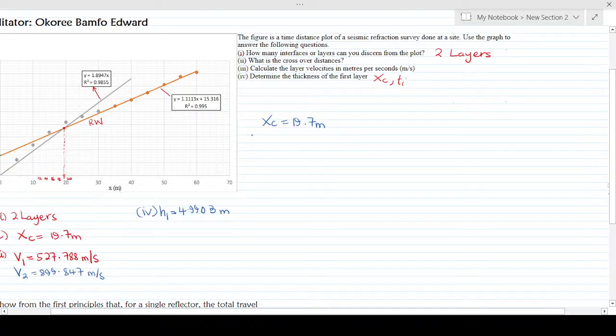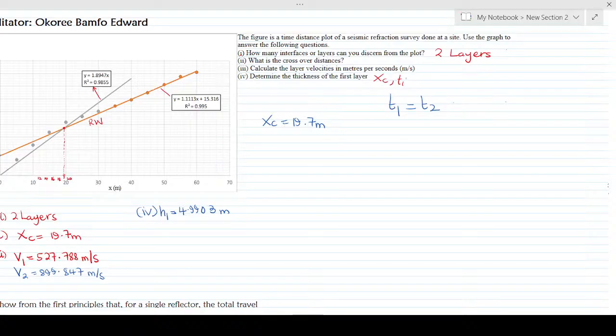As I indicated earlier, the crossover distance is the point where the time that the direct wave and the time that the refracted wave reach the geophone are the same. They both get to the geophone at the same time, and that is where the crossover distance is.